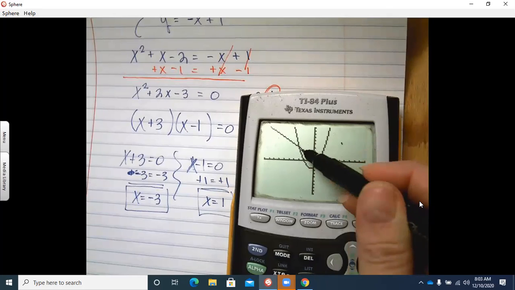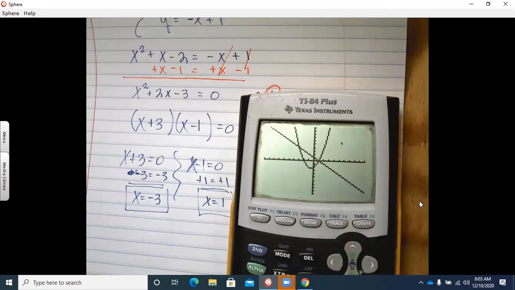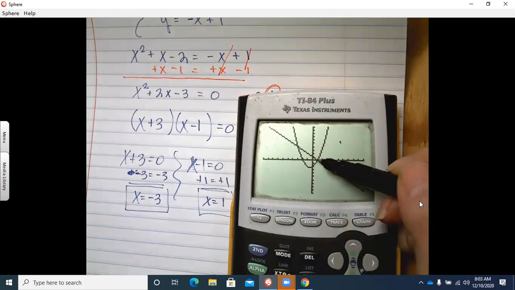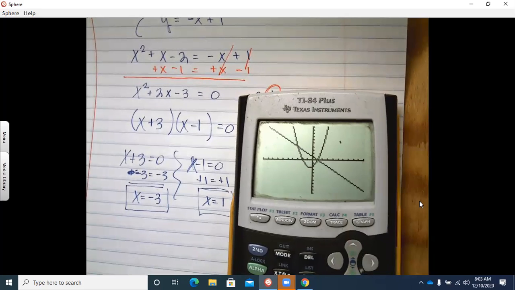Yeah. Sorry, it's being glitchy. And the other ordered pair where they intersect, does it look like the x value is +1? Yeah. So I think we did it right. Those ordered pairs also have y values. We're just finding the x values. Okay?